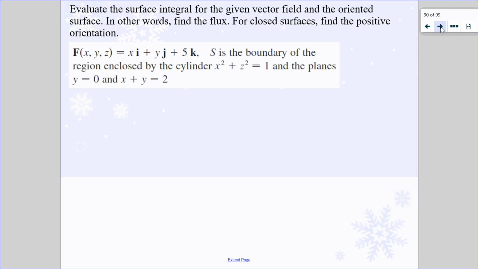So it's going to benefit us to have a picture in our heads or in reality of what this looks like. How many surfaces is this?